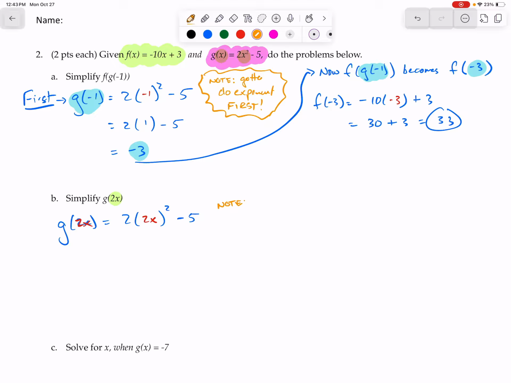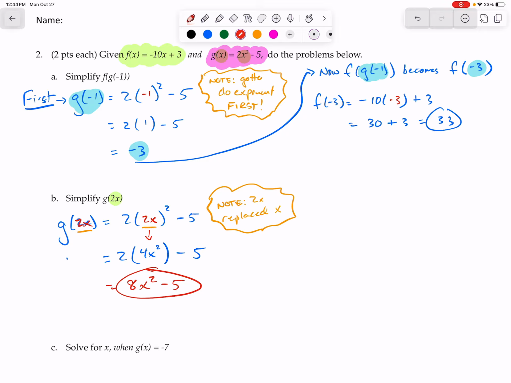Note, 2x replaced x. So 2x squared, though, is 2x times 2x, which is 4x squared. So what I did was I squared 2x, right? And I get 4x squared. A lot of people had trouble with that. So that's 8x squared minus 5, and that's our answer.